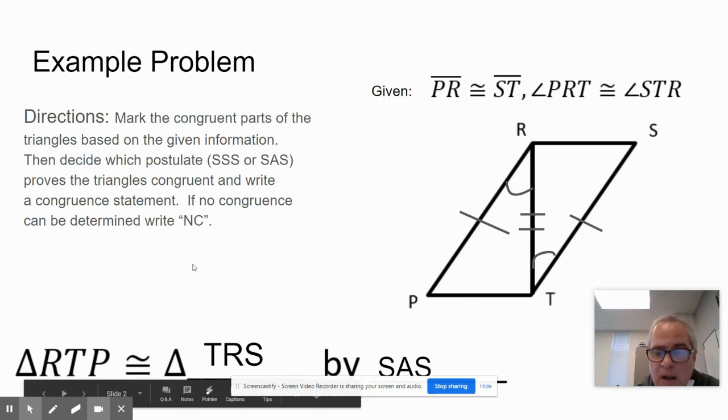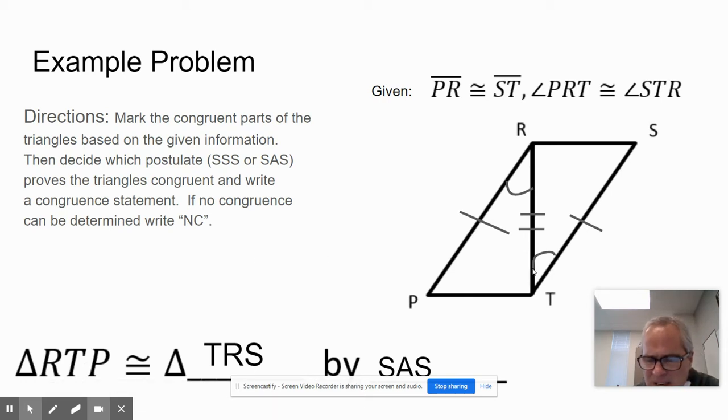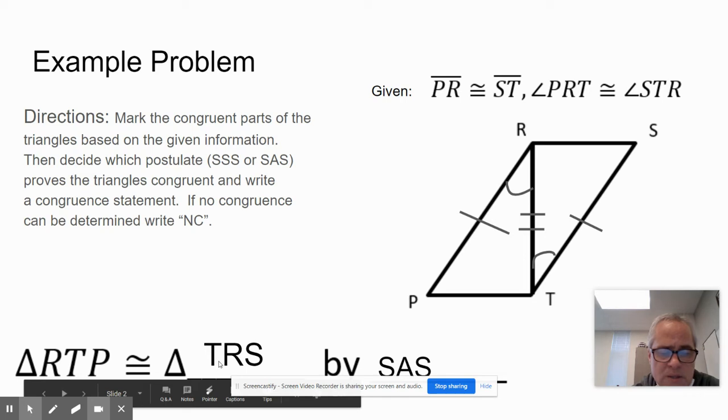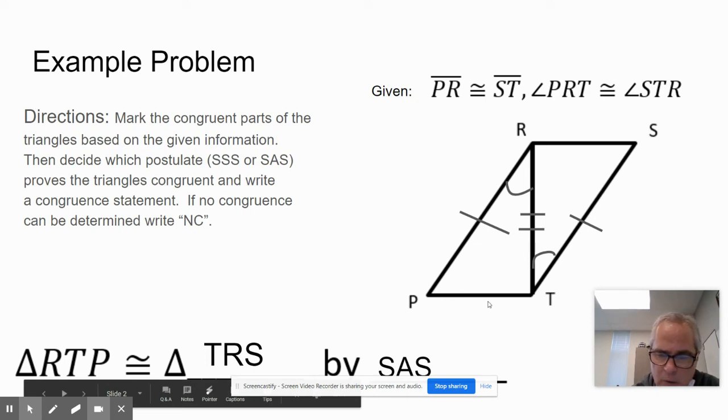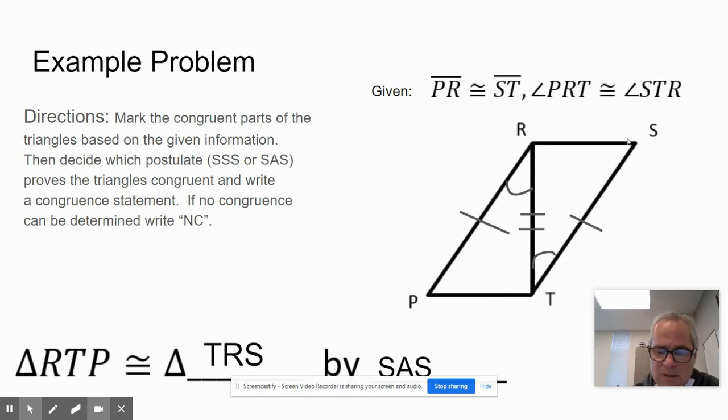T comes second in RTP, and notice T in RTP is almost this right angle looking thing. Well, that has to correspond to the right angle looking thing in the other triangle, which would be R. That's why R comes second. Since T and R have been used, S has to come third, but let's just check. P is this angle down here in the lower left corner, and that looks really similar and congruent to this angle up here. So it checks for us, and that's why the correspondence is what it is.